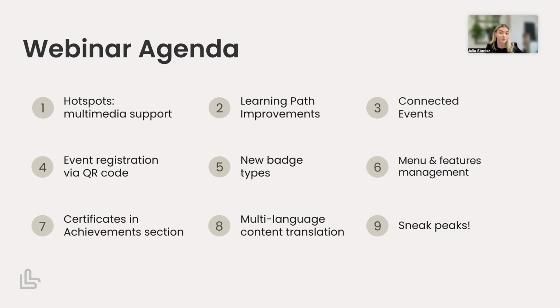We'll cover improved global control over different menus and features and a small but important update on the new placement of certificates on admin. Plus, lastly, we'll take a look at our new multi-language content translation feature and wrap it all up with a few sneak peeks of what's coming next.